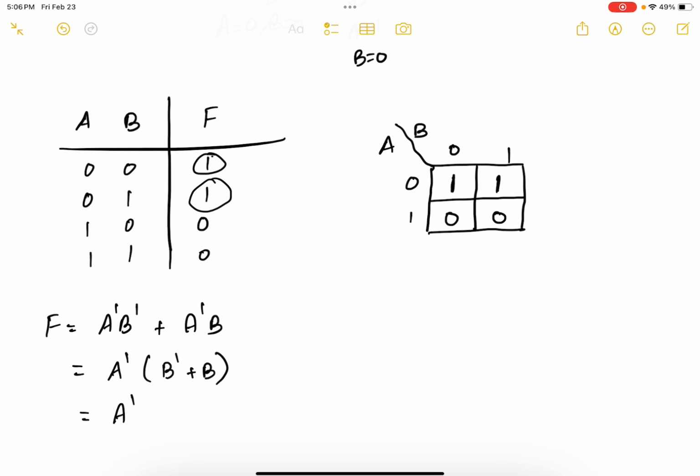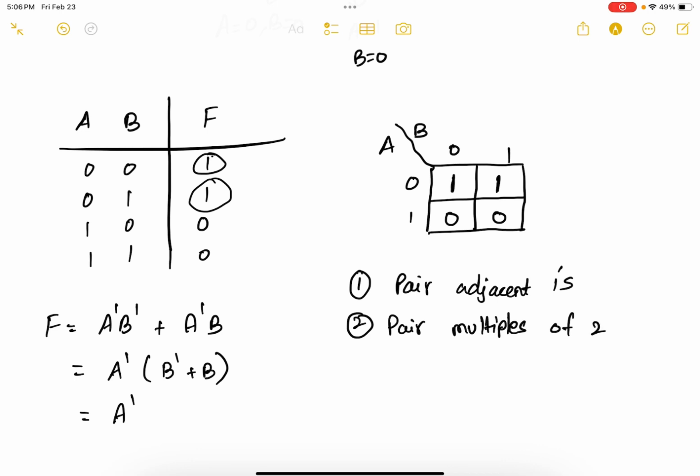So the concept of K-maps is you can pair adjacent ones. You can pair multiples of 2's. So you can pair either 2 1's or 4 1's, 8 1's, and so on, or even 1 1, which is basically 2 raised to 0.